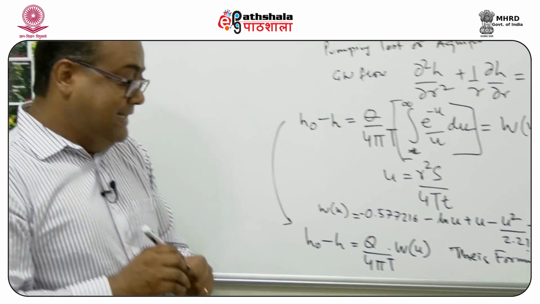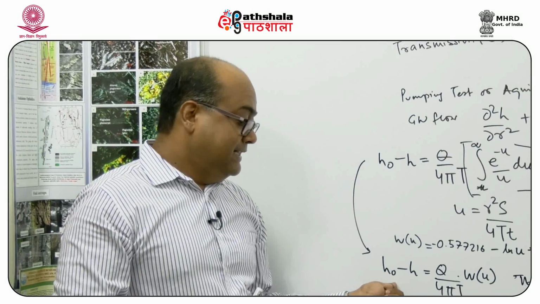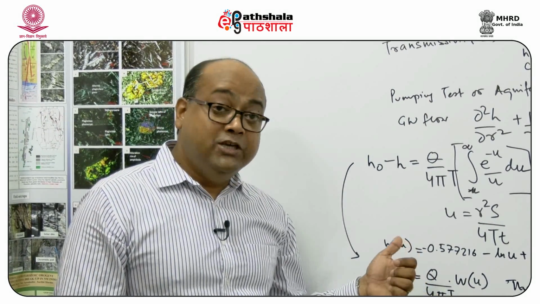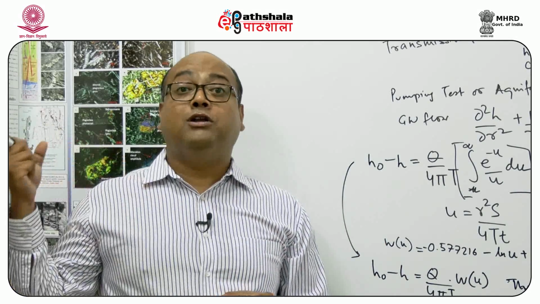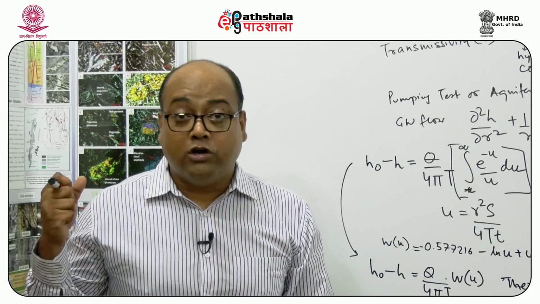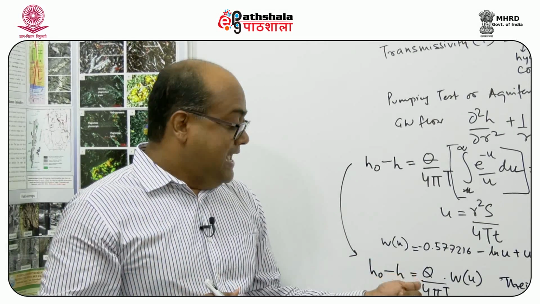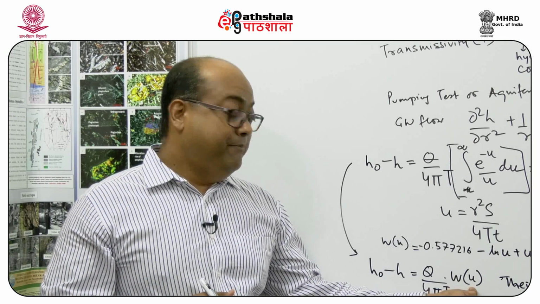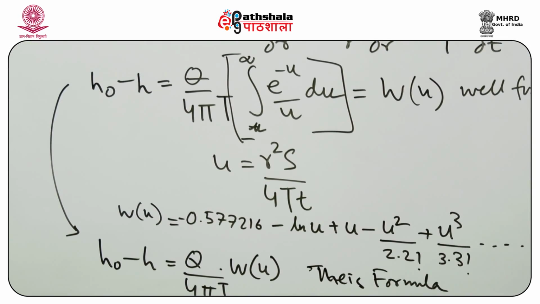What it says is that the drawdown is given by Q by 4 pi T times W(u). What is Q? Q is the volume of water that is pumped, and please remember that this is a constant volume of water pumped in time. T again is the transmissivity, and W(u) is the well function.